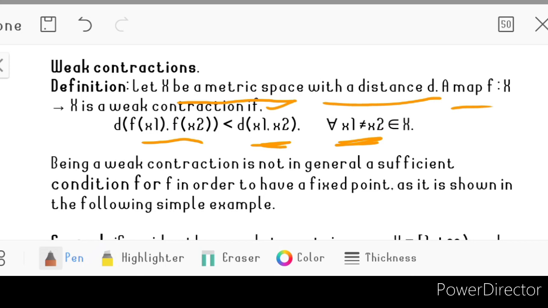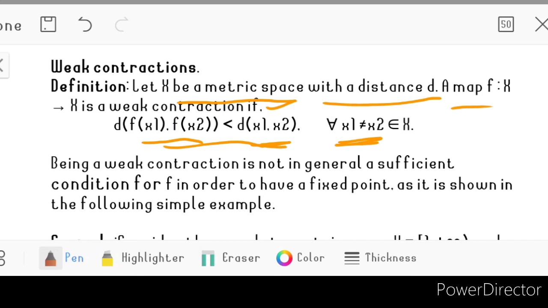As you can see, there is no alpha here in a weak contraction. The simple inequality says that the distance between the images will be less than the distance between the points.